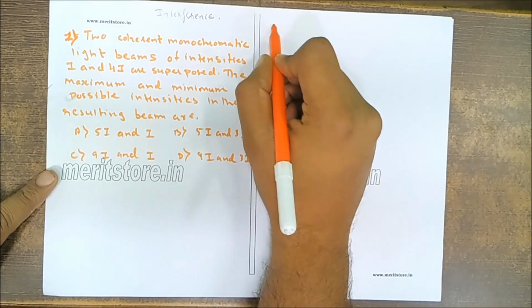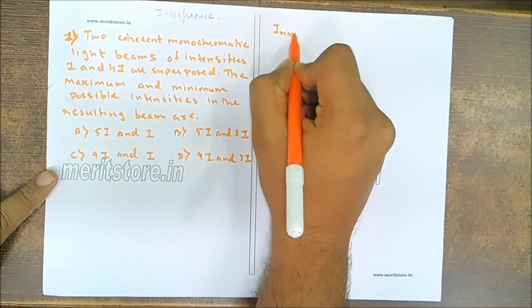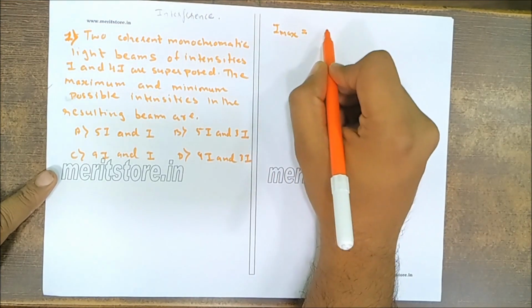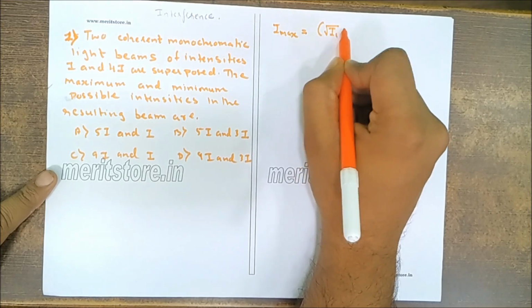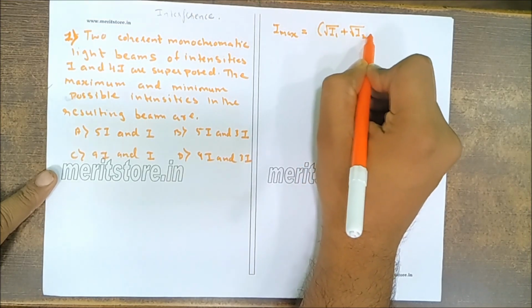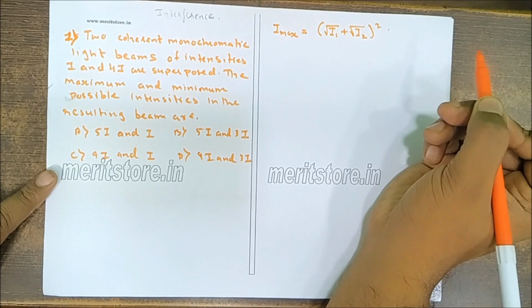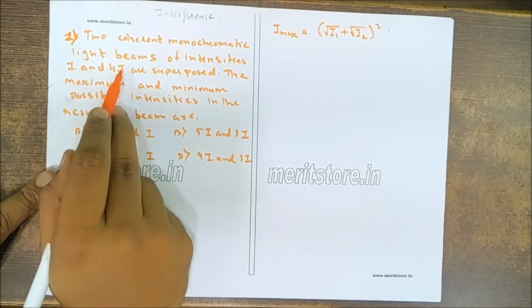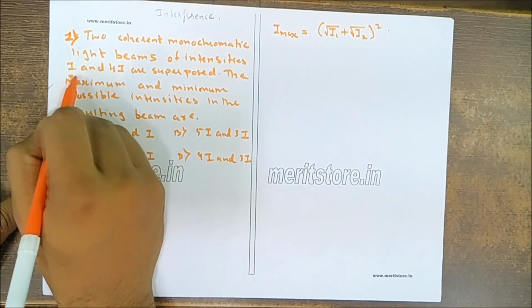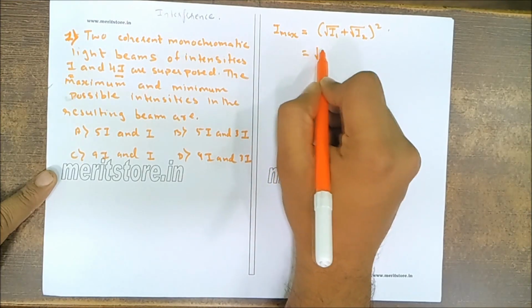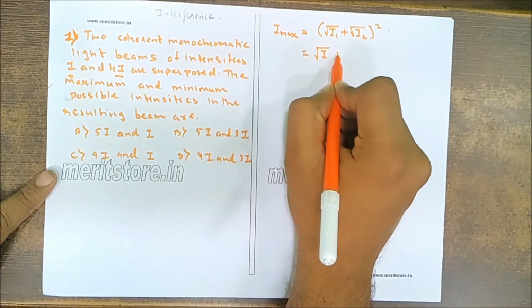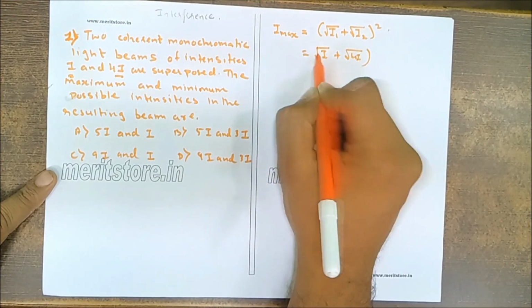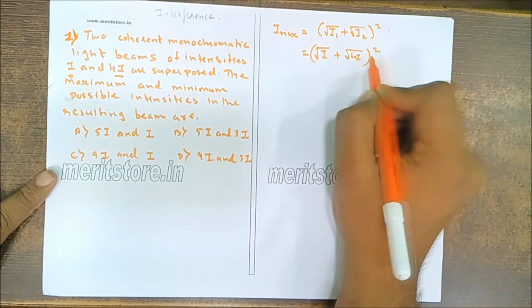So, we need maximum and minimum intensity. The basic formula for I max is root of I1 plus root of I2 the whole square. Now, I have I1 as I and I2 as 4I.